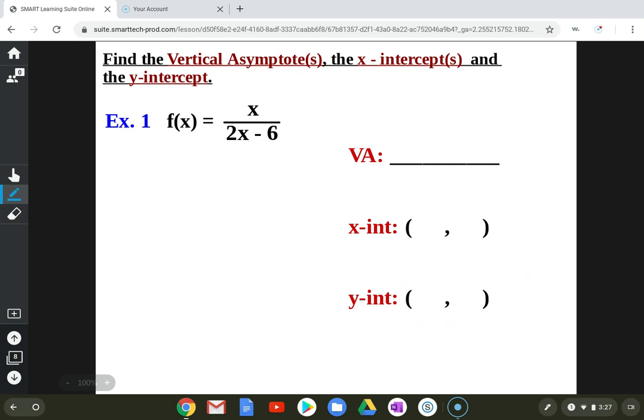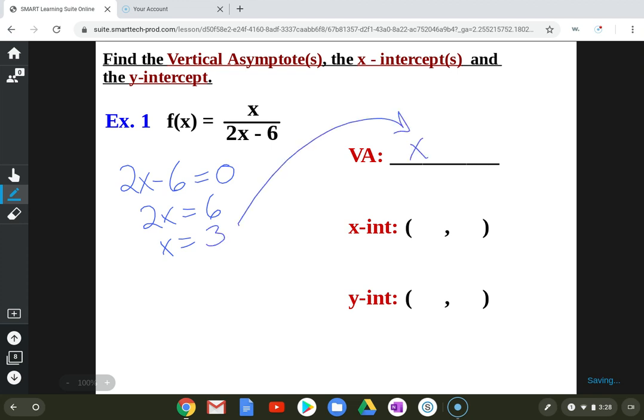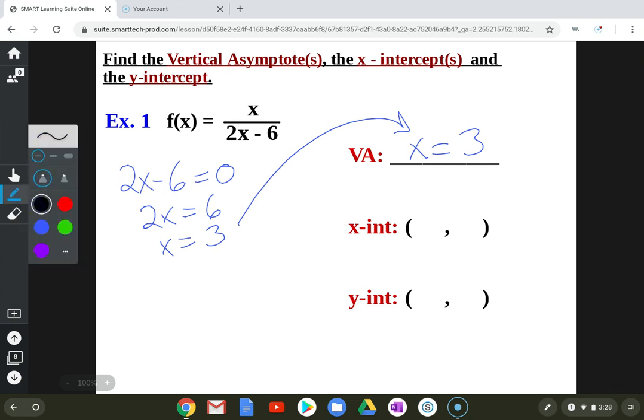So when you find vertical asymptotes, you set the denominator equal to 0 and you solve for x. This is your vertical asymptote. So our vertical asymptote is x equals 3. It's those x values that cause you to divide by 0 in the denominator. There's a little more to it, but we won't get into more stuff until tomorrow. We'll just keep it at that today.